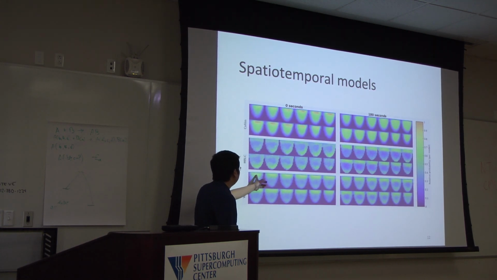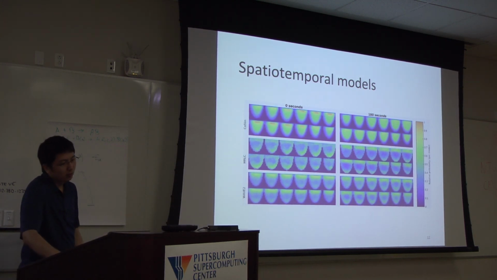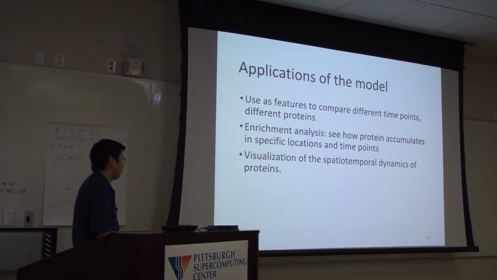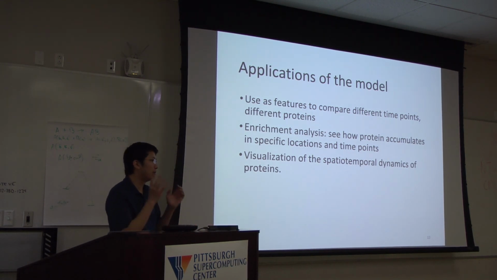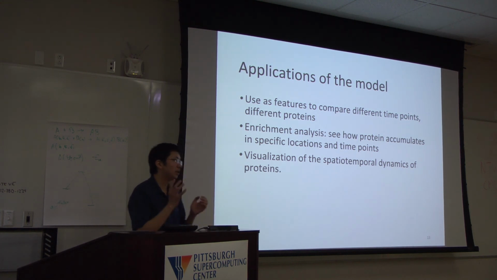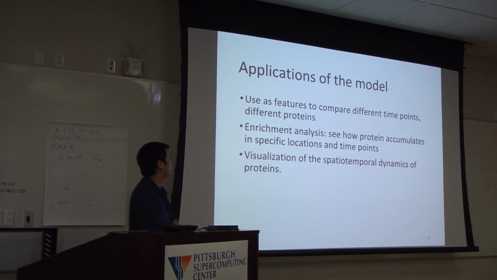And there's some accumulation, but just a neat accumulation for Web2, not that much as covalent. So this example illustrates we can use our model to compare the protein distribution in both time and proteins. This can enable us to study different biological questions.